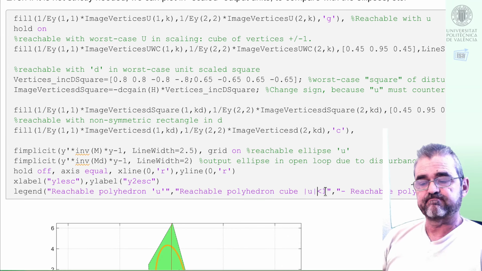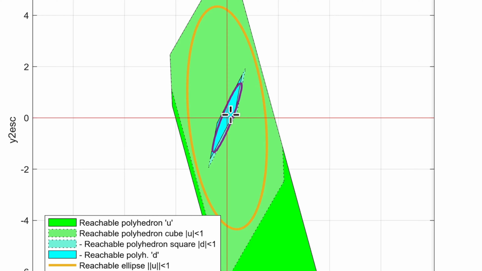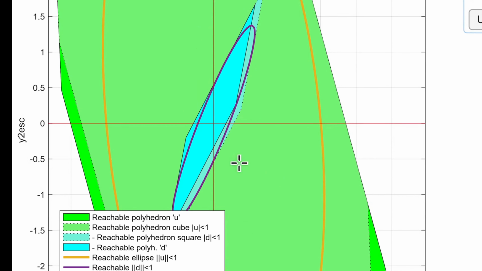Good. So now, if I zoom in, we'll concentrate on this part. Then the cyan one is the actual reachable set, but if we do a worst case symmetric unit square in disturbances in scaled units, then the worst case is a bit larger, and the ellipse we see here is the reachable output values with inputs in the unit sphere.